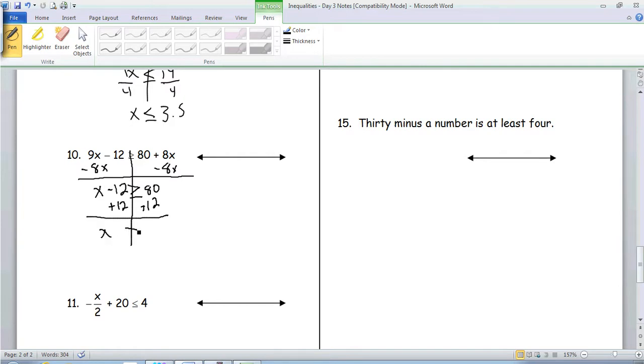I have x is greater than or equal to 92. Okay, since I do have my equal sign, I'm going to draw my circle and then fill it in. It's pointing to the right, so I'm going to go to the right with my arrow.